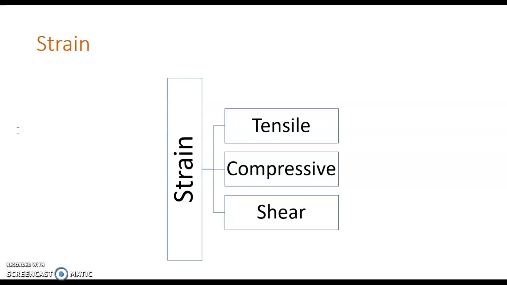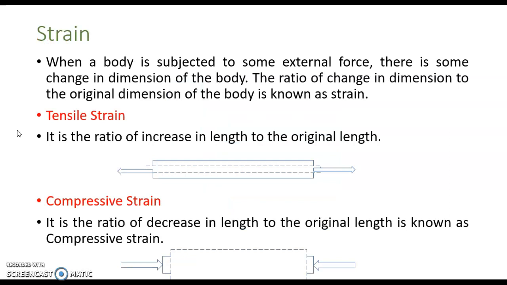Now in strain, there are three types: tensile, compressive and shear. What is strain? It is the change in dimension, the ratio of change in dimension to the original dimension. When a body is subjected to some external force, there is some change in its dimensions. Normally we take it as the change in length to the original length. In tensile strain there is an increase in length to the original length.